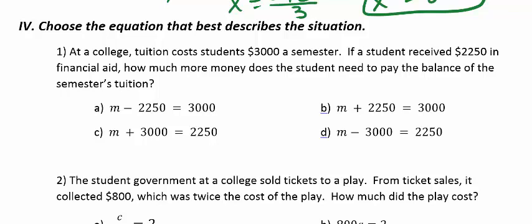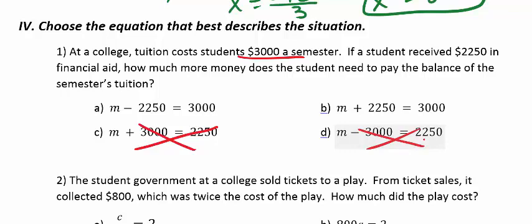Well, when we look at our 4 choices for equations here in our answer, we know that the total cost of the tuition is $3,000 for the semester. So if $3,000 is our total, we know that in C, our total here is $2,250, so it can't be that one. And then in D, also our total here is $2,250, so we can eliminate that one.